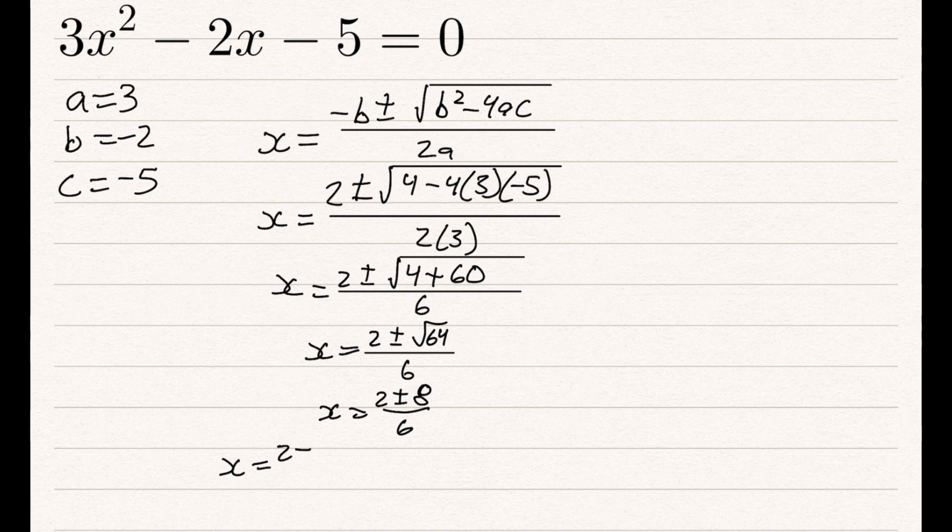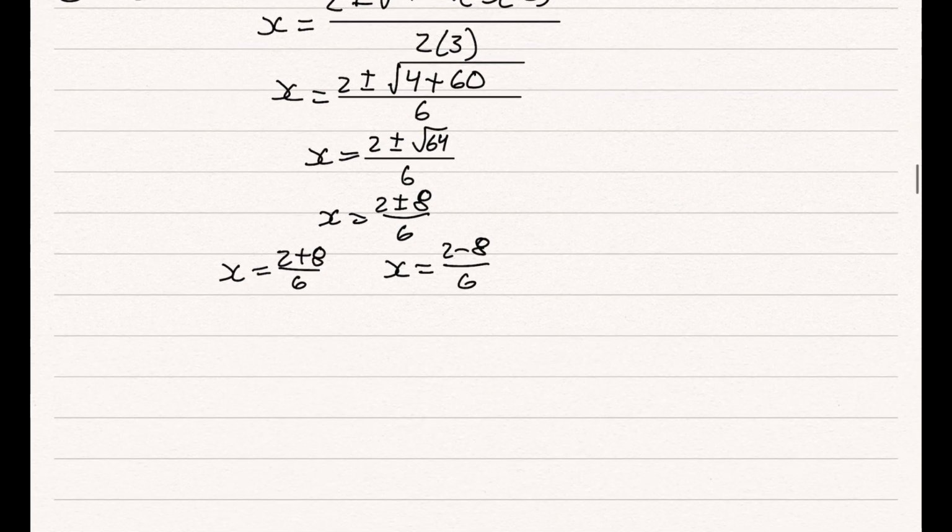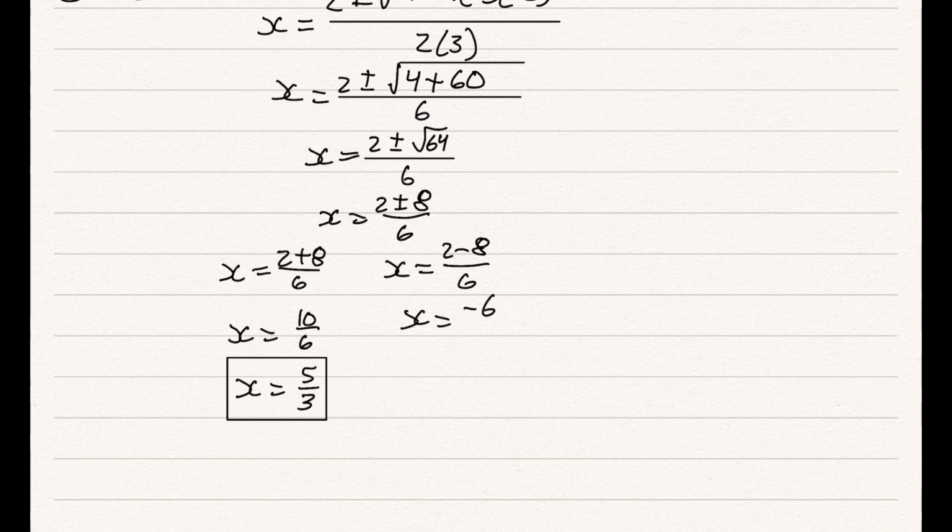We have 2 plus 8 over 6, and we have 2 minus 8 over 6. 2 plus 8 is 10. We have 10 over 6, which simplifies to 5/3. That was one of our answers. 2 minus 8 is negative 6, and that becomes negative 1.